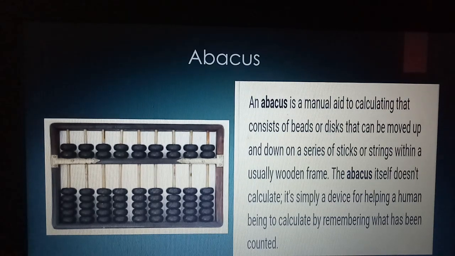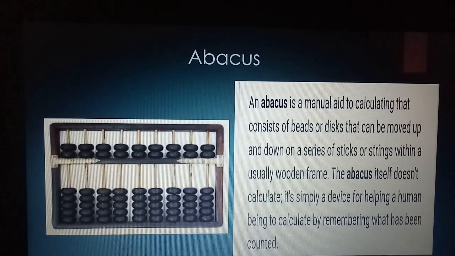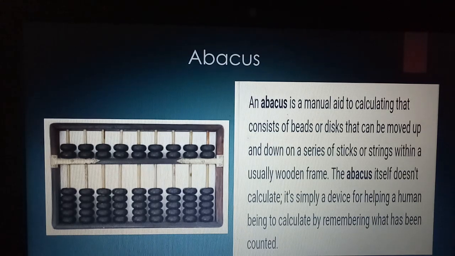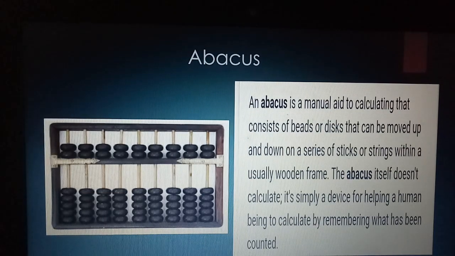So today we're going to learn how to do addition and subtraction in the abacus. So class, get ready with your copies, and if you can't understand, replay my video again and just follow me. Definitely you will learn. This calculation will come in your exam.